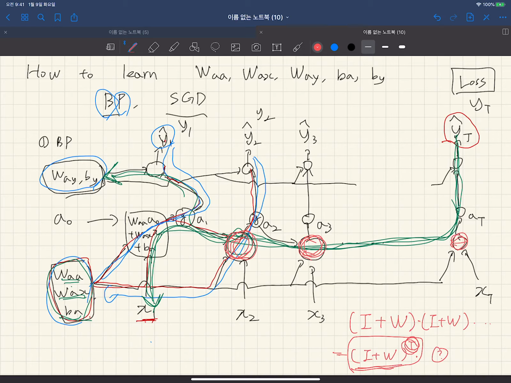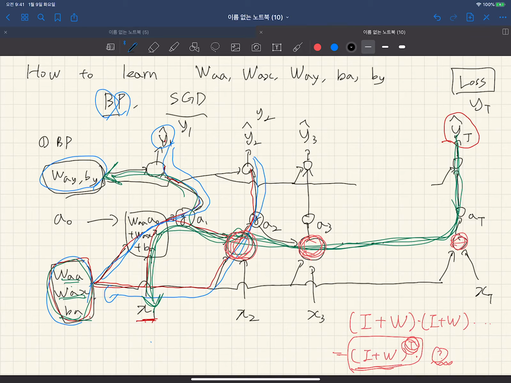It has a very huge exploding gradient issue or vanishing gradient issue, whatever this part you have. Okay, so this is the main difficulty when you train a recurrent neural network.